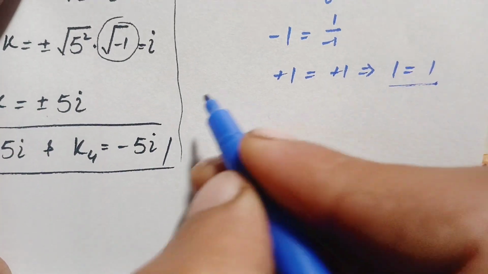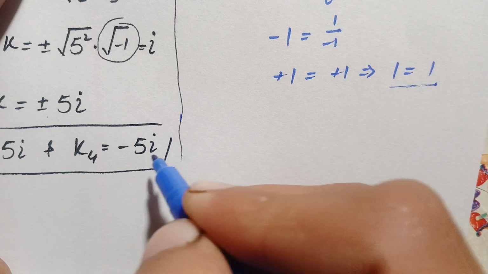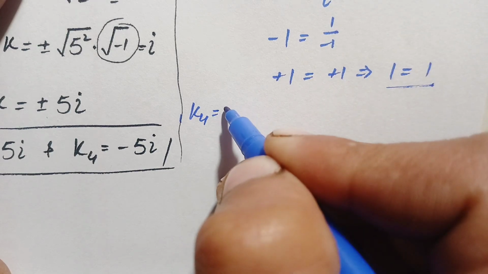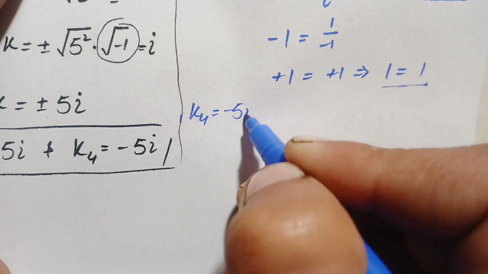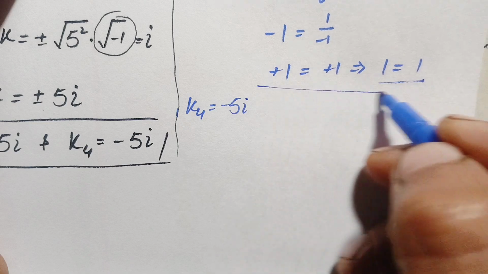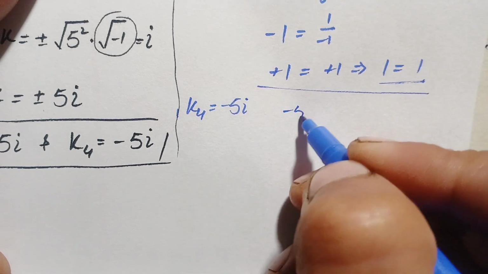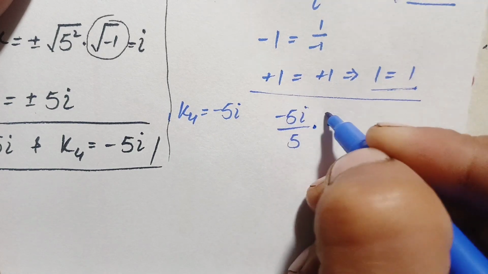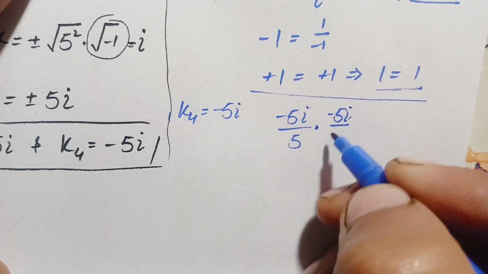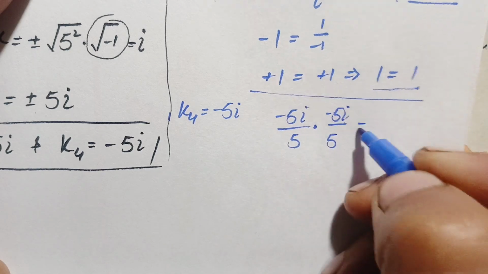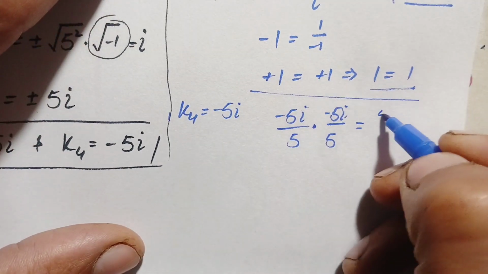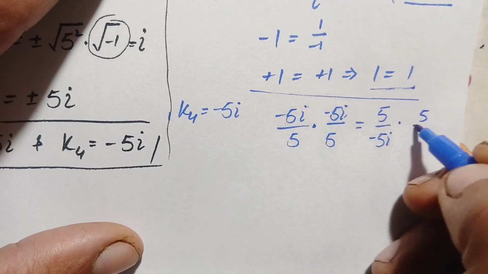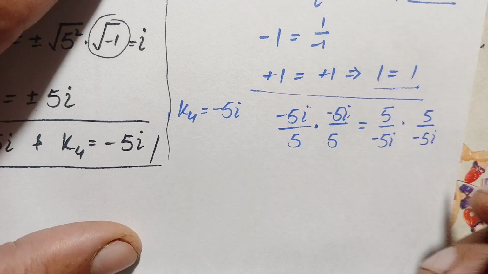Now in last we will verify the fourth value, that is minus 5 iota. So let's check k4 is equal to negative 5 iota. So again we will replace k with its value, so this will become negative 5 iota divided by 5 times negative 5 iota divided by 5 is equal to 5 divided by negative 5 iota times 5 divided by negative 5 iota.